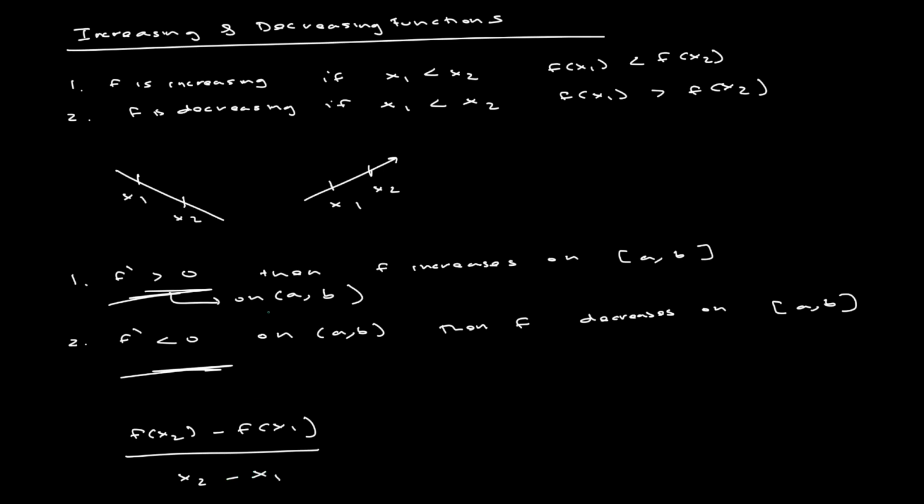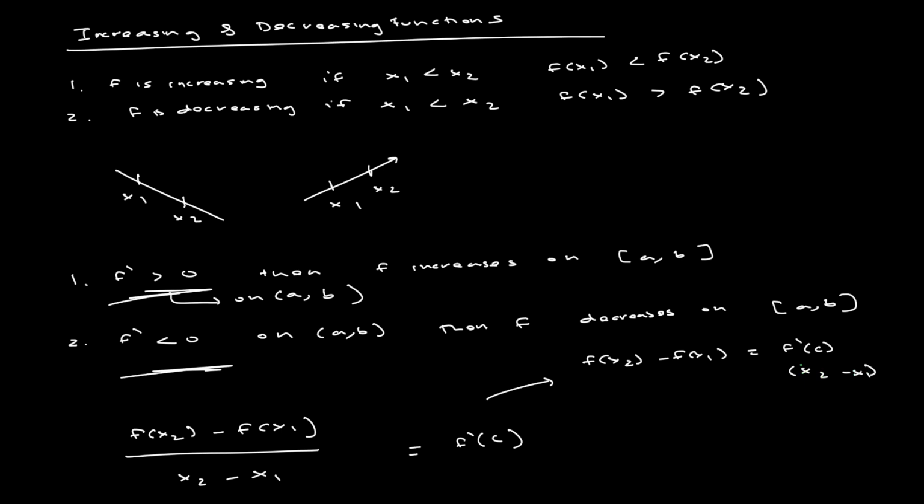And so if some function f is continuous on that interval and differentiable on the open interval, then we know that this is equal to f prime of c for some point c, right? And so by taking x2 minus x1 to the other side, we can convert this into f of x2 minus f of x1 is equal to f prime of c times x2 minus x1, right?